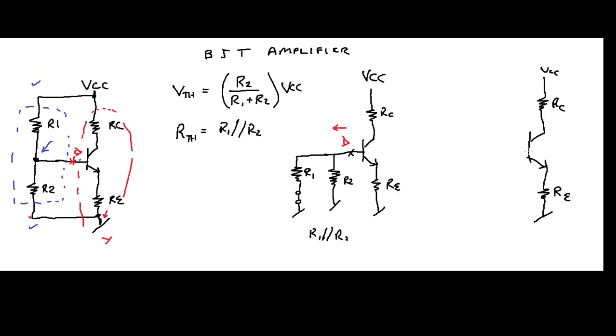So really what you have coming into your base, because now we know what VTH is and we know what RTH is, we can say, all right, well, we have VTH, that's our equivalent voltage, going through a resistor, RTH. Okay? That's basically your equivalent circuit, right?